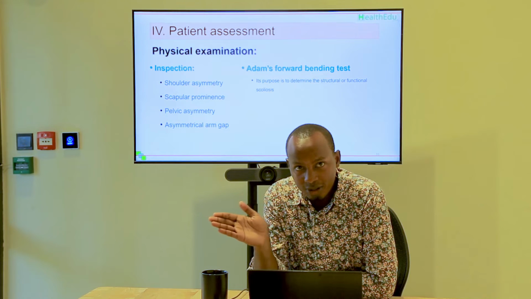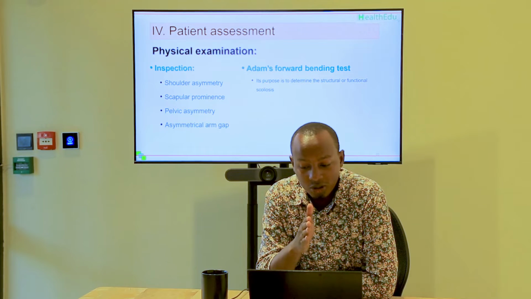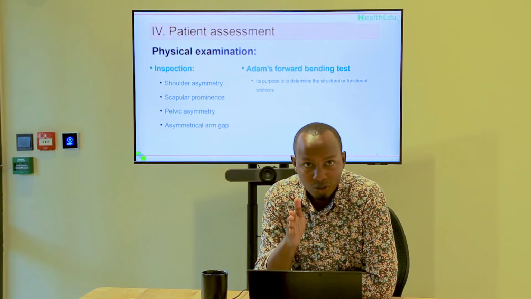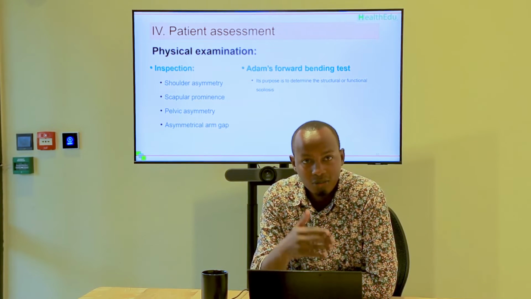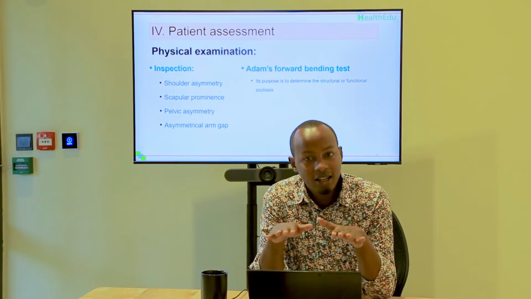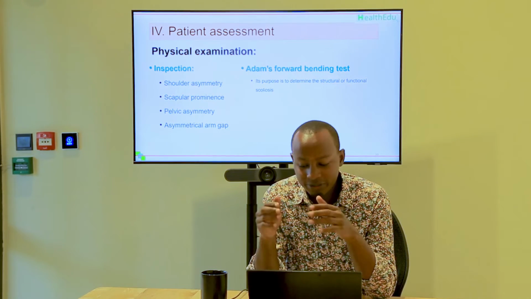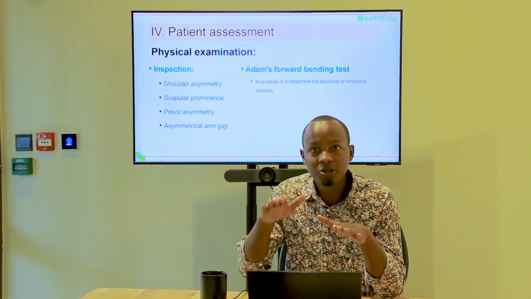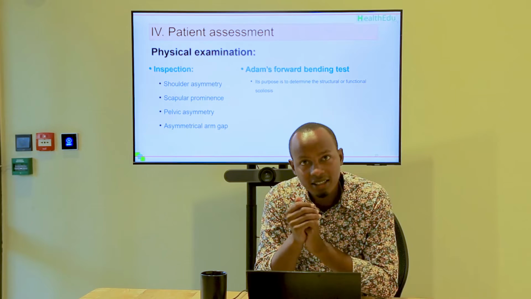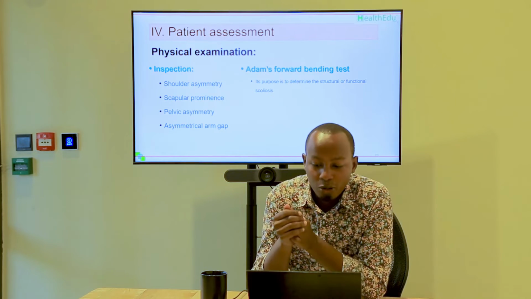If it doesn't reduce, it means it's structural. If it reduces, it means functional. It may be caused by many problems which are not from the spine. Maybe the patient has unequal leg length, or the pelvis has a problem and is not leveled, so it may create a curvature in the coronal plane.